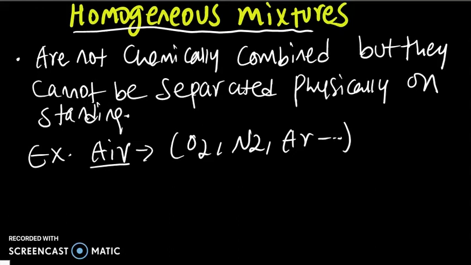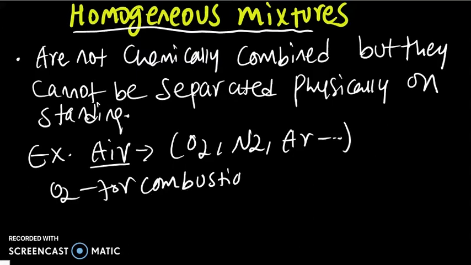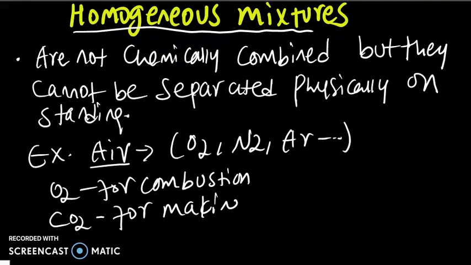For example, the oxygen in air is used for combustion, and the carbon dioxide is used by plants for making carbohydrates, for photosynthesis.